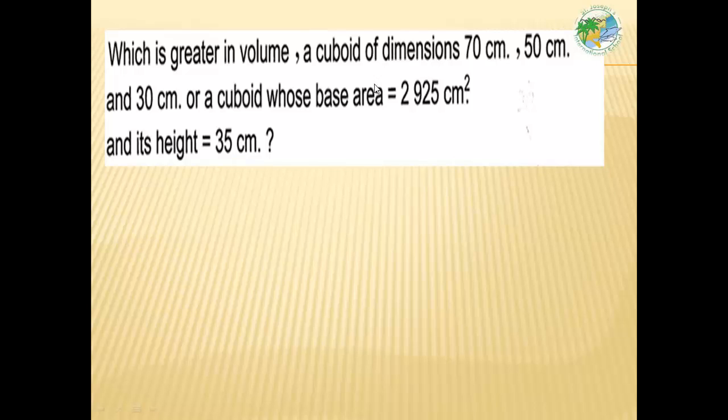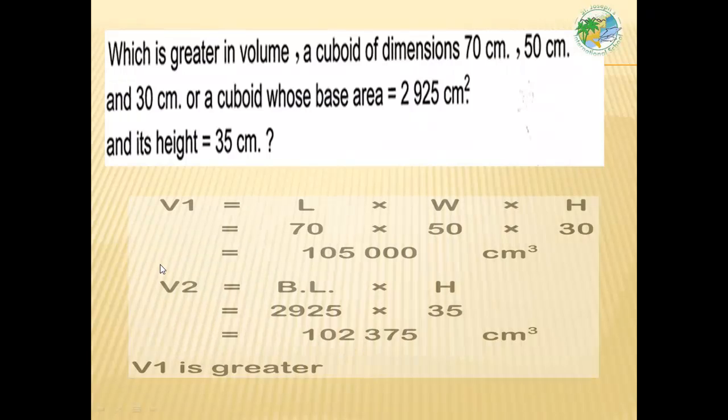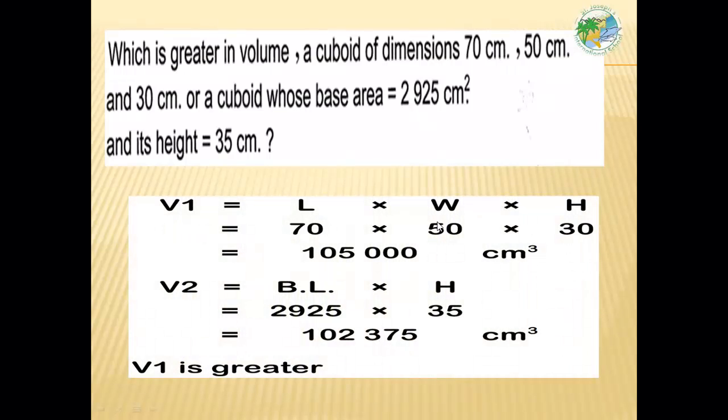Fine. Now, the first cuboid has dimensions 70, 50, and 30. Then we can calculate the volume for this cuboid. For the other cuboid, we don't have dimensions, but we have base area and height. We have another formula to calculate the volume of a cuboid, which is base area times height. Then V1 equals length times width times height, so 70 times 50 times 30 equals 105,000 centimeter cube.